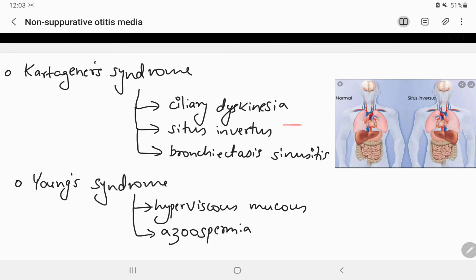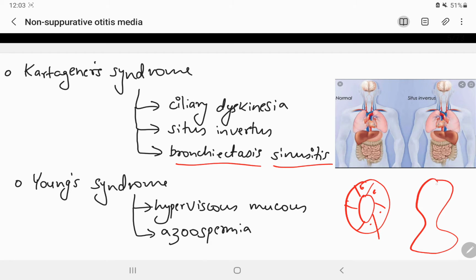And the third one is bronchiectasis and sinusitis. Bronchiectasis, you may have already learned about in pathology and basic science. Bronchiectasis means permanent dilation of the bronchioles, the small airways and all. So they get permanently dilated, right? So if this is a normal histology, in bronchiectasis it gets dilated very abnormally, right?